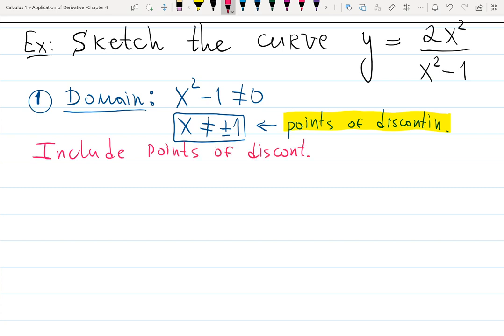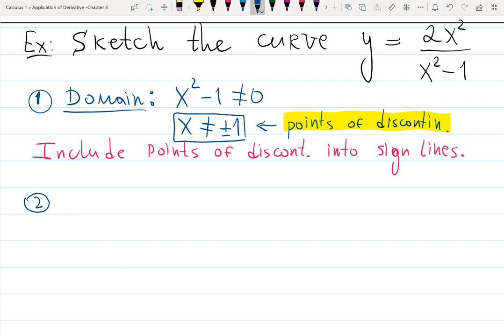Points of discontinuity means the function is not continuous there. So at this point I can see it's probably some kind of vertical asymptote here. Because points of discontinuity might change the sign of the first derivative and second derivative. So you have to include them as well. I'll show you later. But basically put it in the box, it means we're going to use it soon.